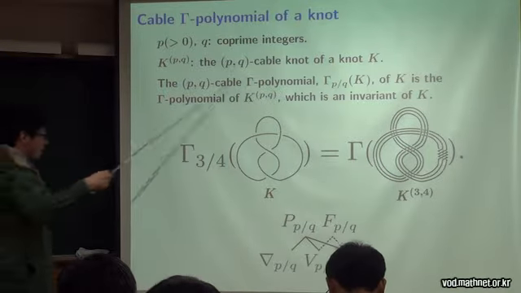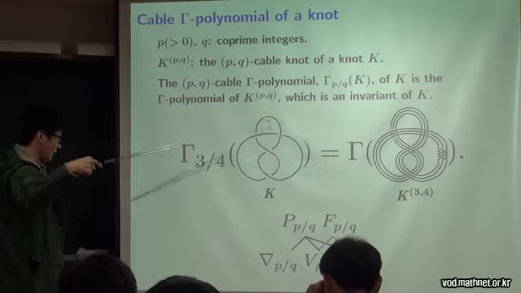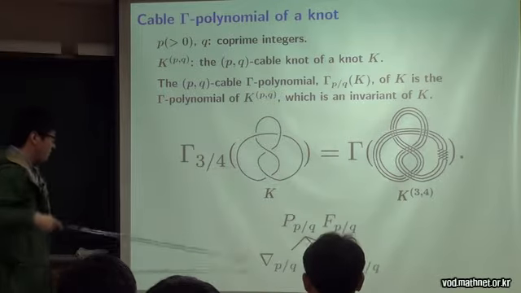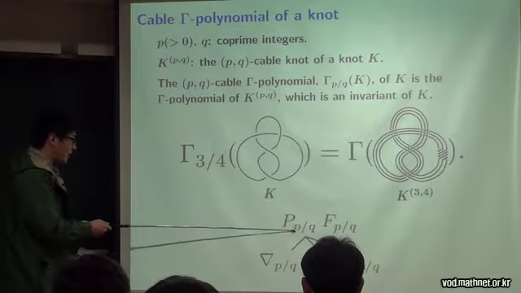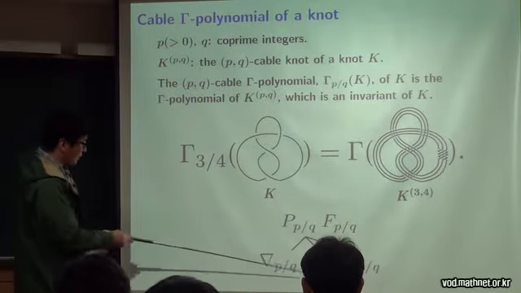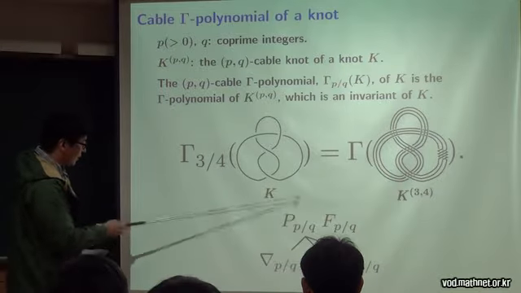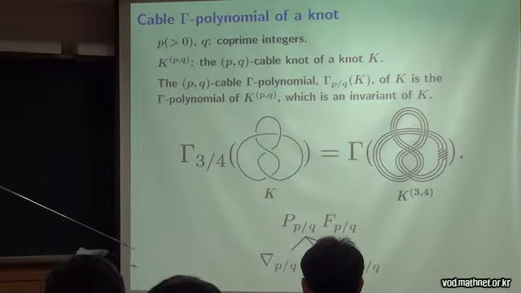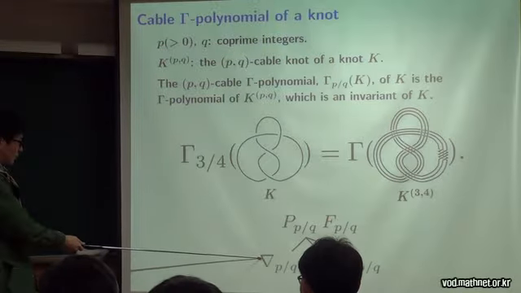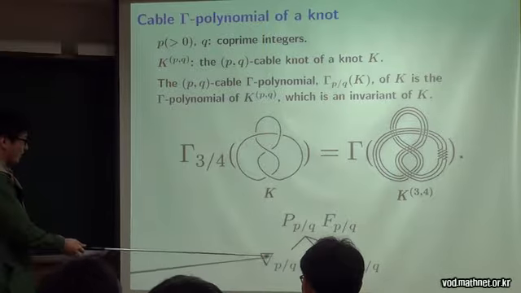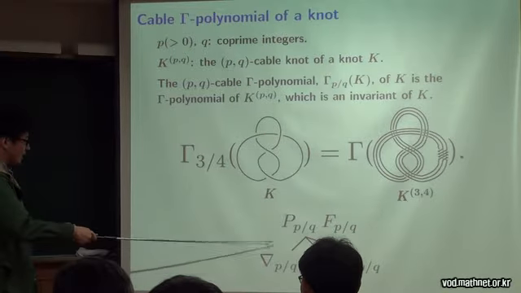Anyway, we consider this polynomial. And in a similar way, we can define the HOMFLY case, Kauffman case, Conway polynomial case, Jones case, like this. It is known that the Conway case is not interesting because there is a satellite formula.